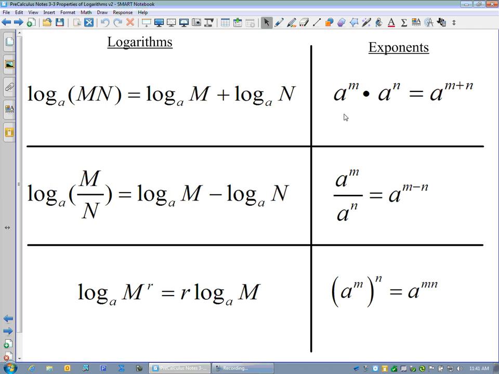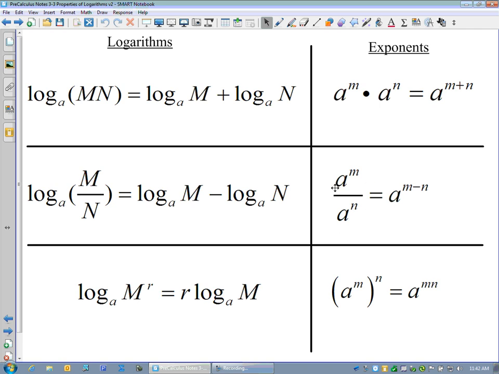Well, that stems from the fact that if you multiply powers, you keep the base and add the exponents. Notice how logs are exponents, so if we're multiplying inside the argument, that means we're adding the exponents because the log is an exponent.